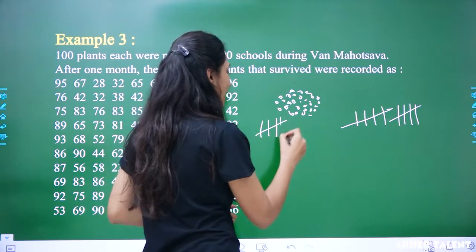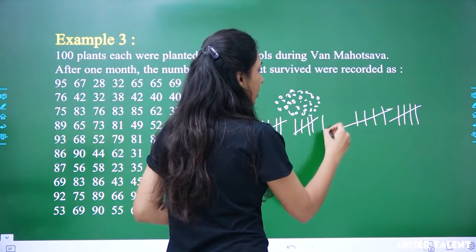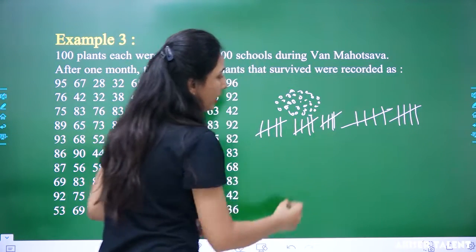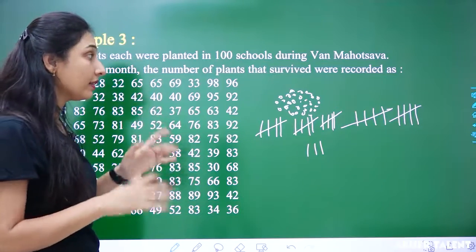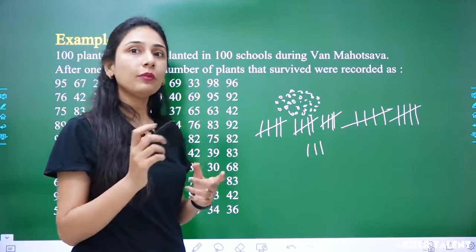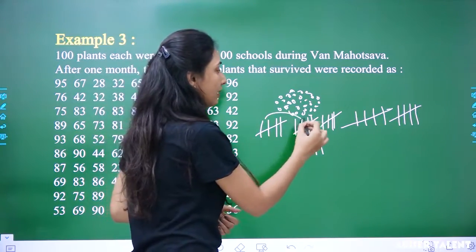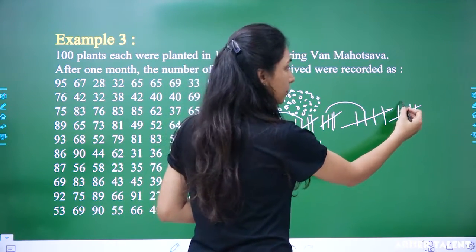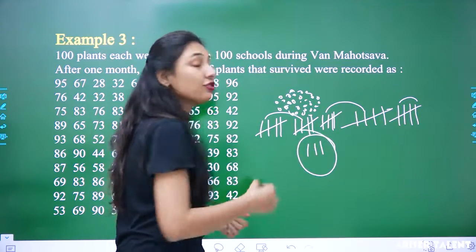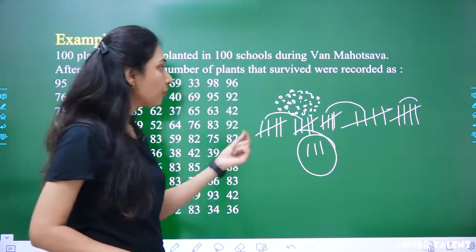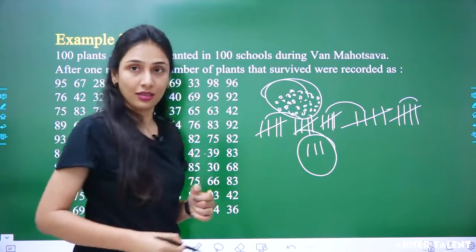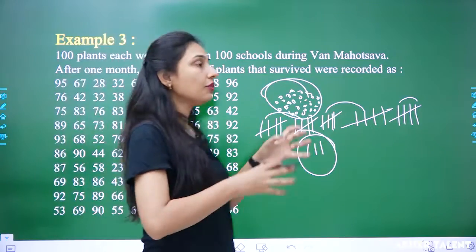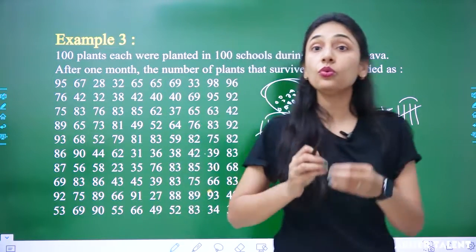After some time I'll be having these lines. Let's suppose this is my counting and I lost track. Then I count again: 10, 20, 25 plus 3, 28. I'm not going to count these pebbles again. So this is the way tally marks work.